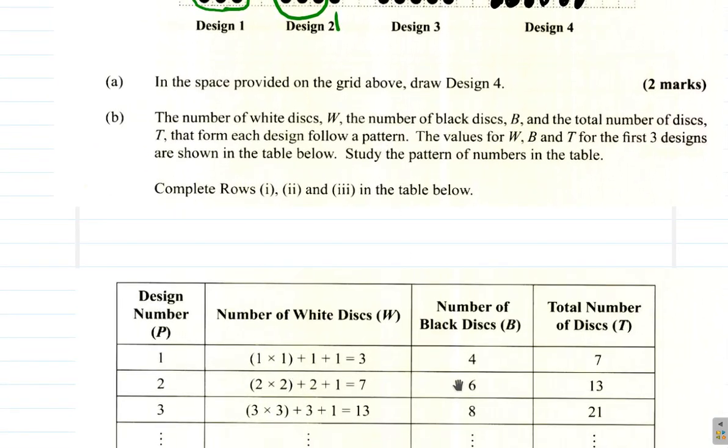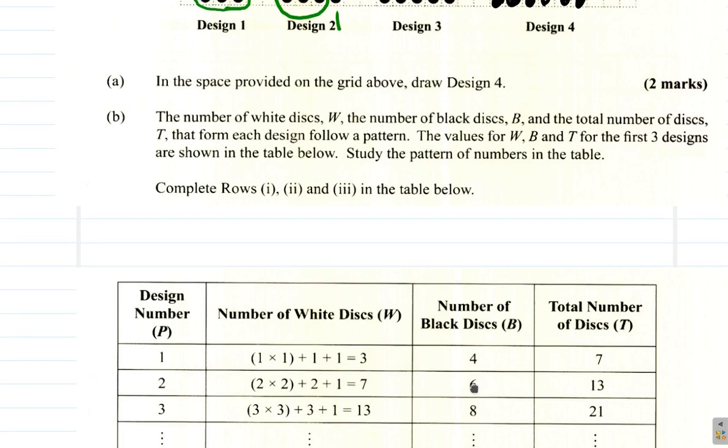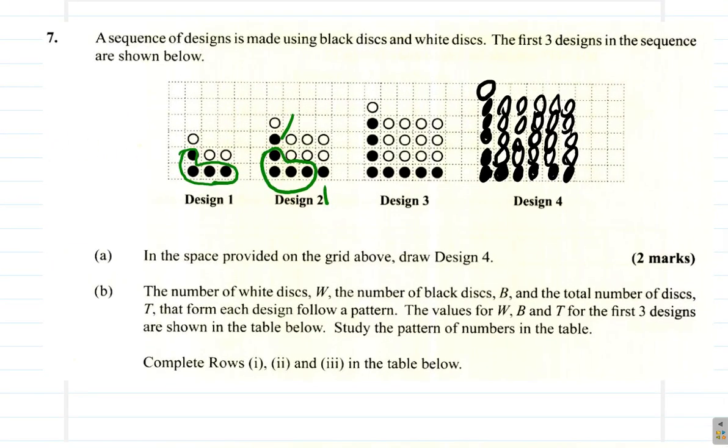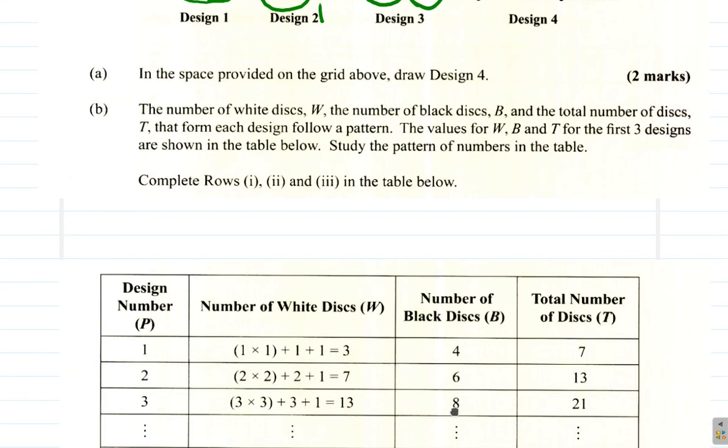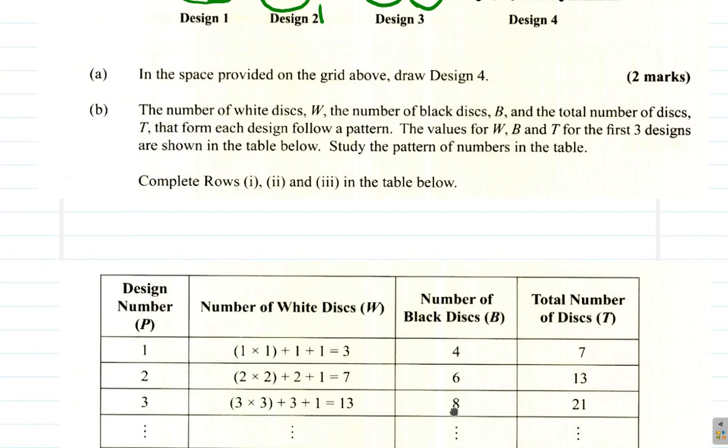You have a similar 4 plus 1 plus 1, which is 6. In design 3, you have a similar 4 plus 2, which is 4 plus 2 is 6 plus 2 is 8. Good.